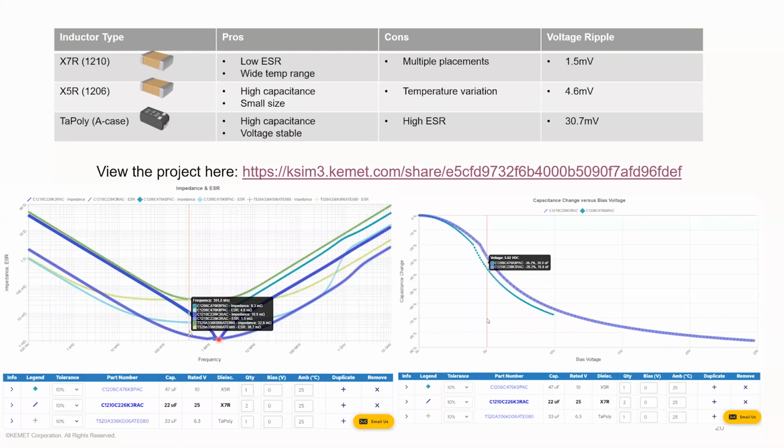Then our next question comes from Prem Kumar, and Prem says, what will the effect be of mounting aluminum electrolytic capacitors upside down for a long time? Aluminum electrolytic capacitors upside down for a long time. What would the effect be? I'm not familiar with an effect.